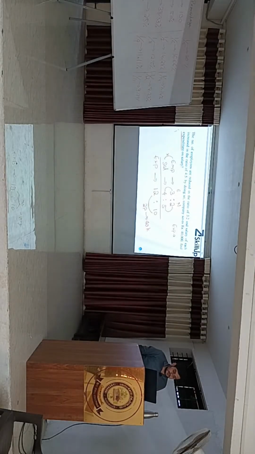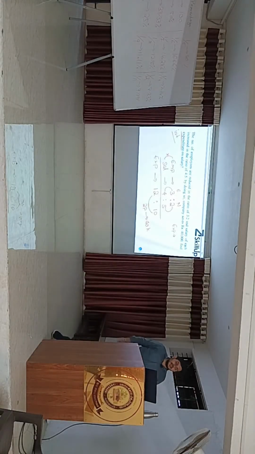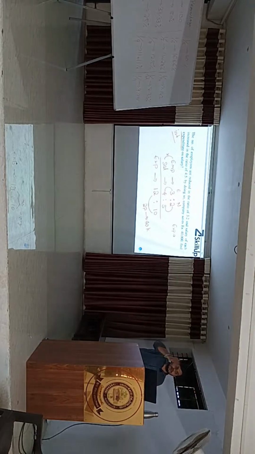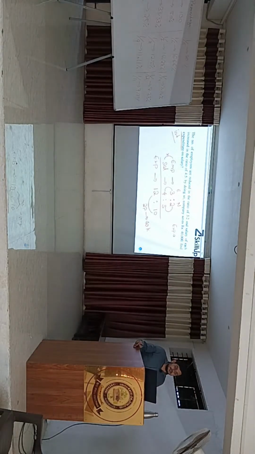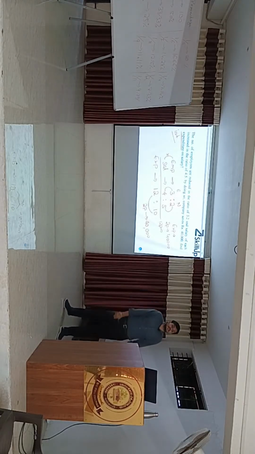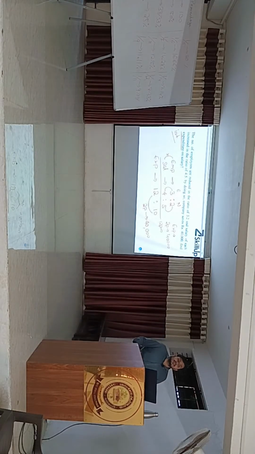Find the initial expenditure. 2 parts is 40,000, so 12 parts is 2 lakh 40,000.